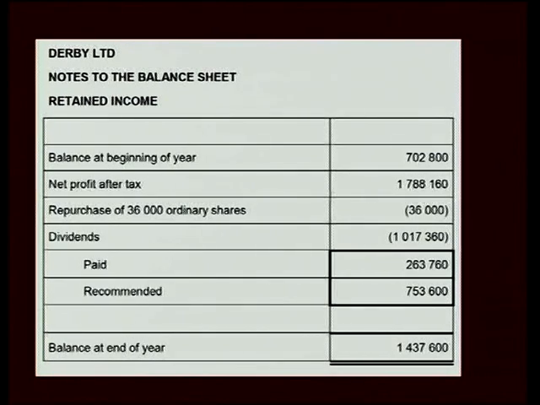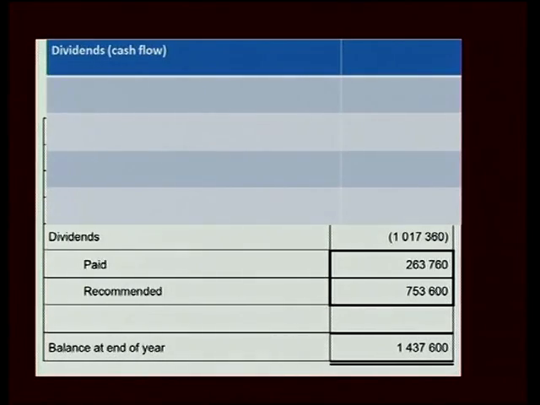Then you see over here, we have a dividend amount of 1,017,360. So this is the actual dividends for the year. But we know that 753,600 of that was not paid. And we also know that we paid an amount from the previous financial year.